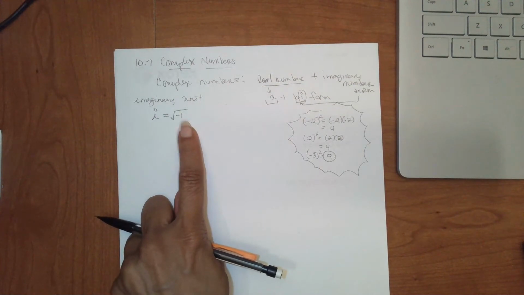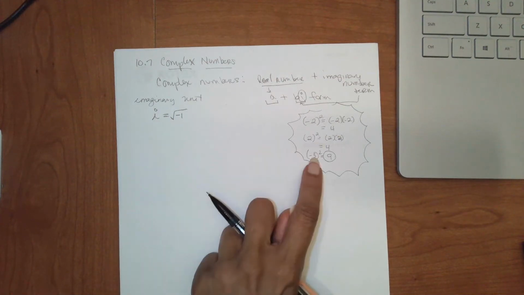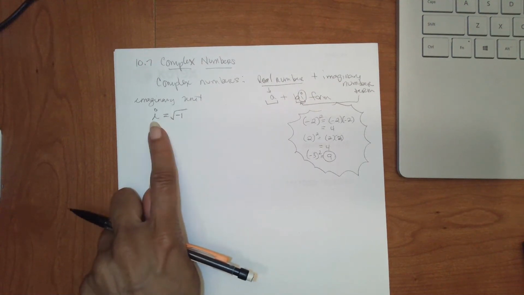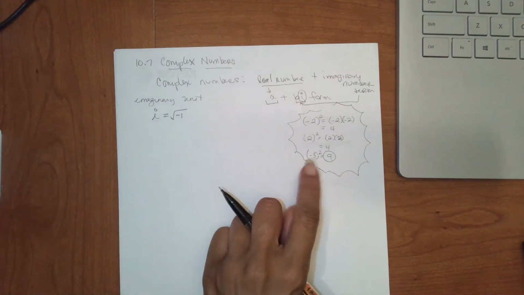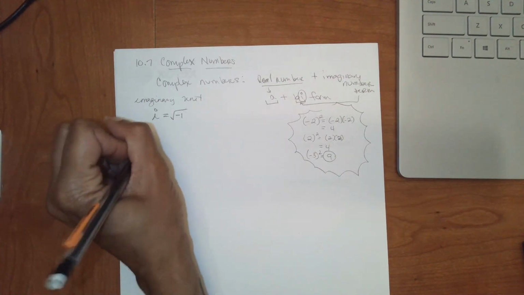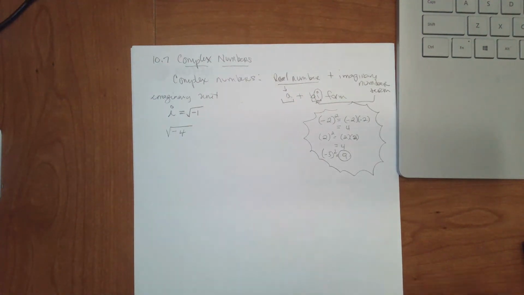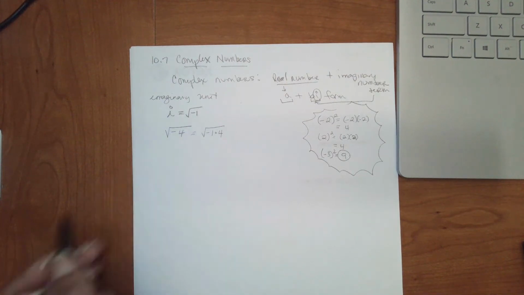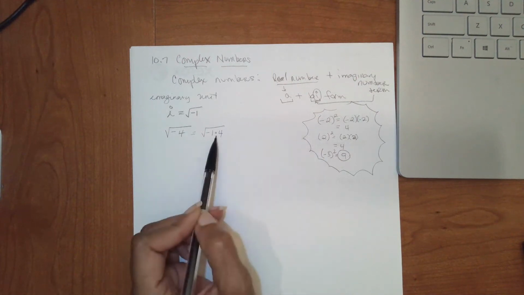So to take the square root of a negative is to introduce an imaginary unit that is not real. Whenever you see the square root of something negative, let's look at the square root of -4. Really, what we're looking at is the square root of -1 times 4, because you cannot raise anything to the second power and have it come out negative.